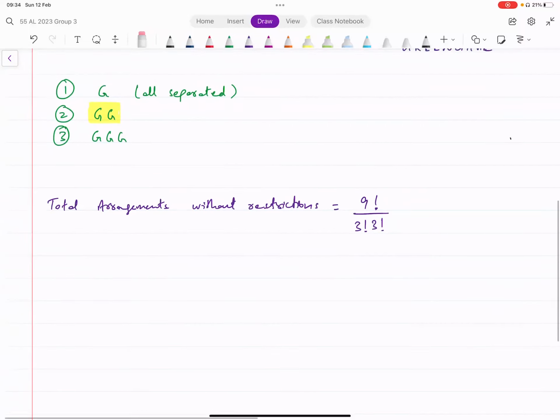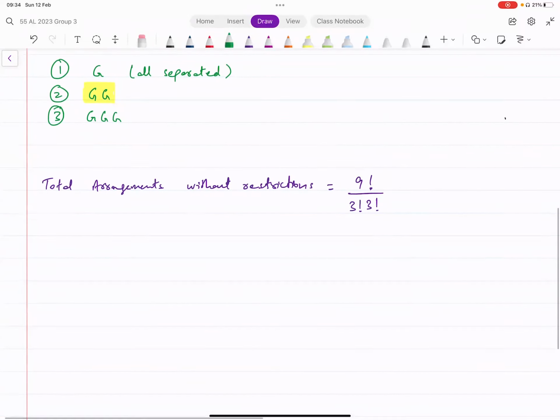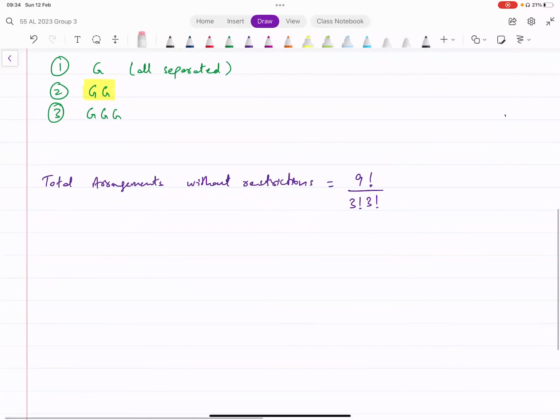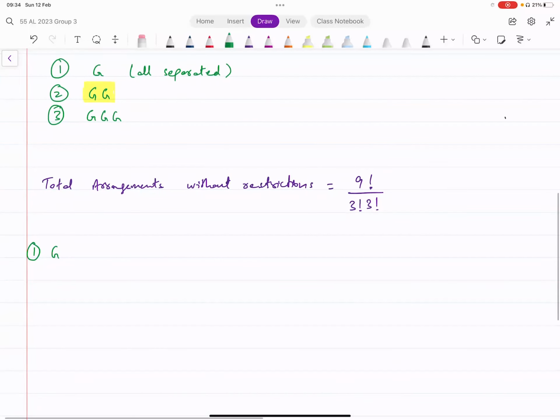This is the total arrangements without restrictions. Okay. Now what we do is we consider those 2 cases that we have to eliminate from this total. One is to separate them all, and one is to keep them all together. Okay, let's consider the first case where we want all of them separated. Let's find the first case. We want all separated. How does that work?